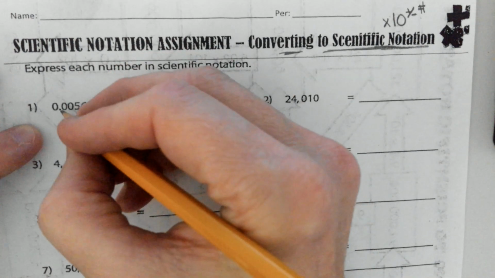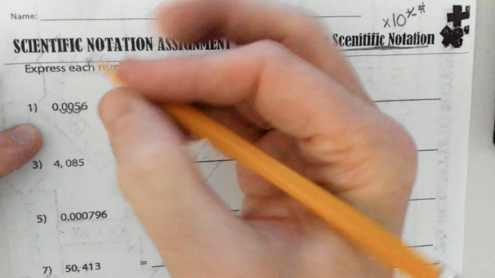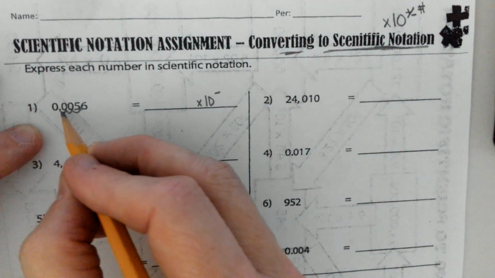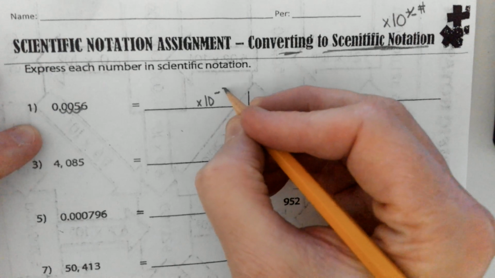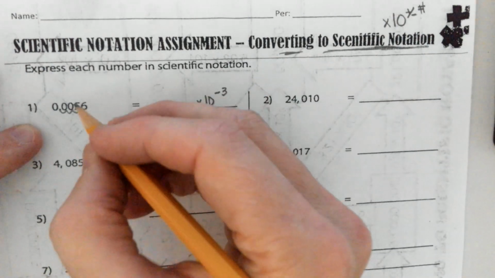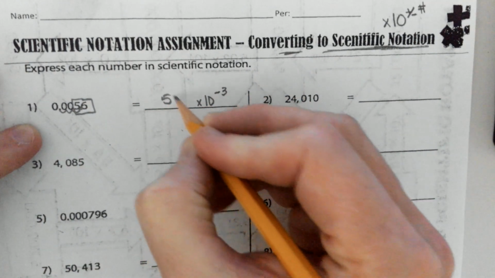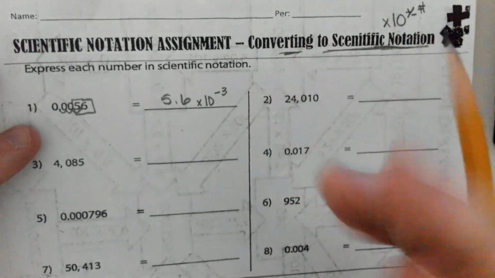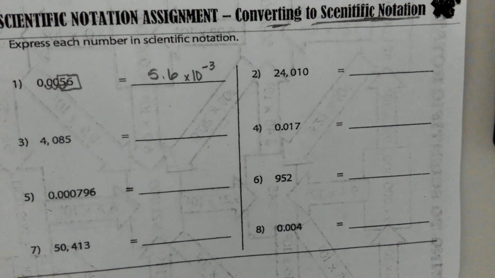And now you simply count how many decimal places, 1, 2, 3. It took you 3 decimal places to get it from where it was to where it lands. That means your exponent is going to be a 3. And then finally, you take the remaining number, the 5.6, and you put that in front of the times 10. And you have this number, 0.0056, written into scientific notation.